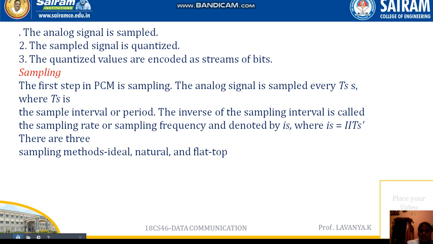Initially our analog signal is converted into samples. That sample signal is transferred to quantized values, and those quantized values are encoded in the form of sequence numbers, or a group of bits. That bit stream we call digital data.